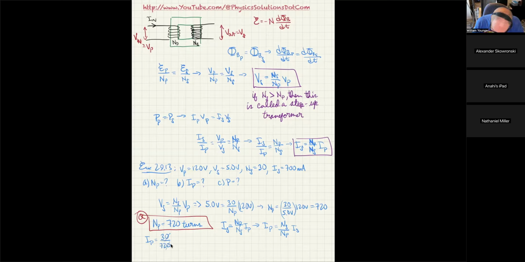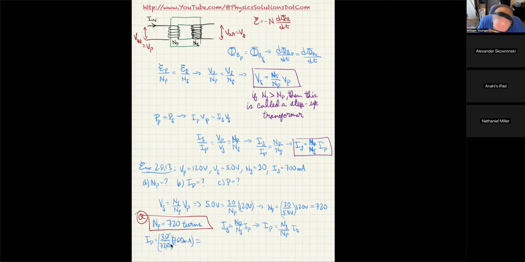You can see that the zeros cancel out and I get 3 over 72. And then I know that the I secondary is 700 milliamps, and I can just leave those units fine. So what I'm going to do is take 700 and multiply it by 3, and then divide that by 72.